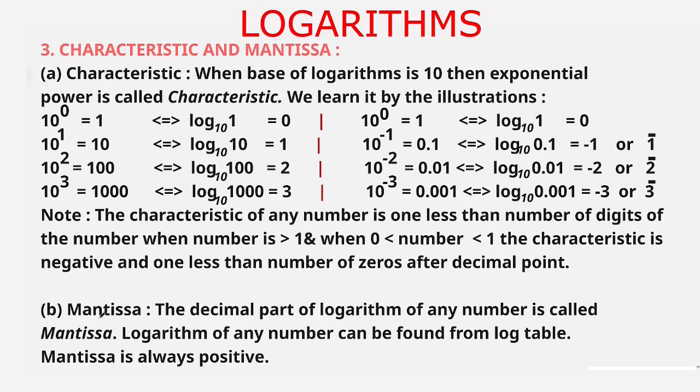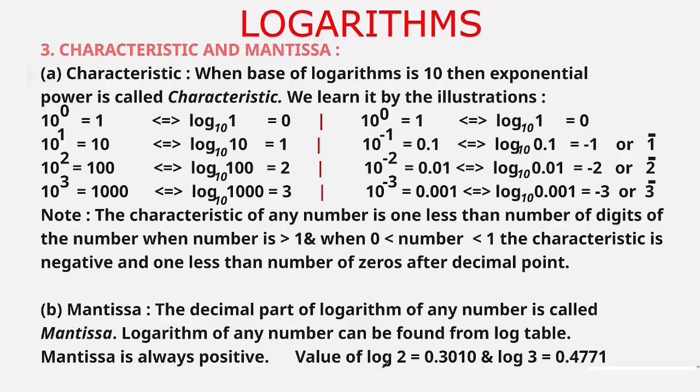Now part B, mantissa. The decimal part of the logarithm of any number is called mantissa. Logarithm of any number can be found from the log table. Mantissa is always positive. It is always useful to memorize the values of log 2 and log 3.